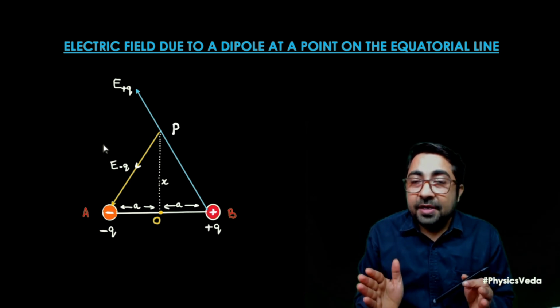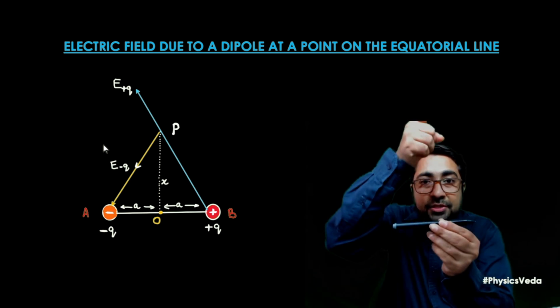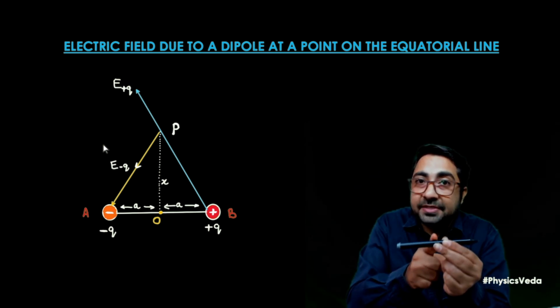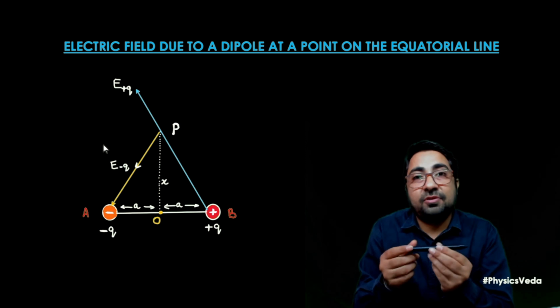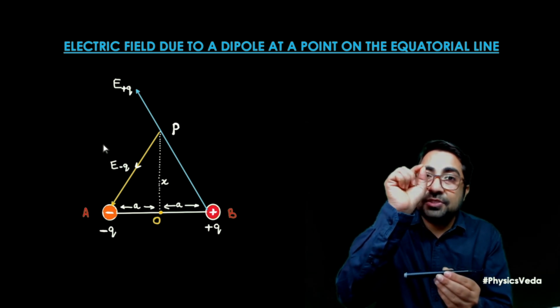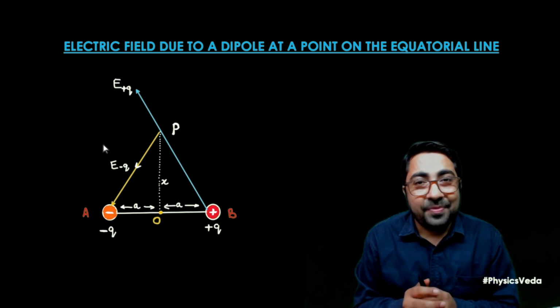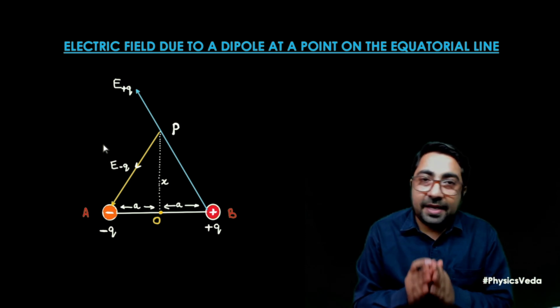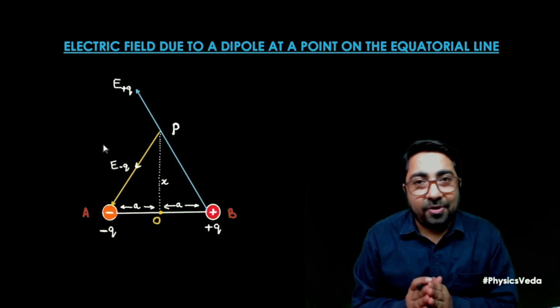So any point which is situated on this line, that line which passes through the center of dipole and makes 90 degree from the axis of dipole, that point is known as equatorial point. So here we will calculate electric field intensity due to electrical dipole at equatorial point.